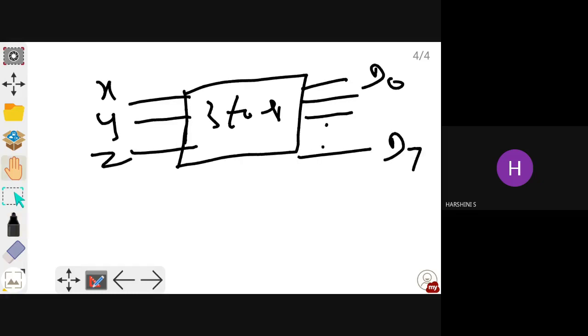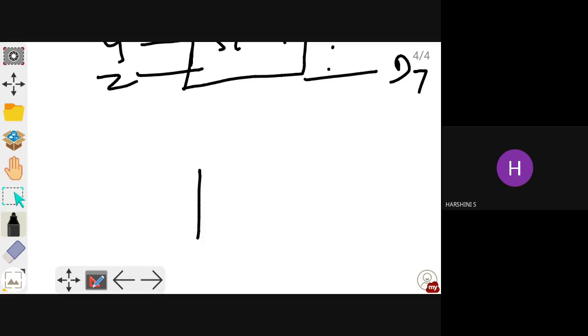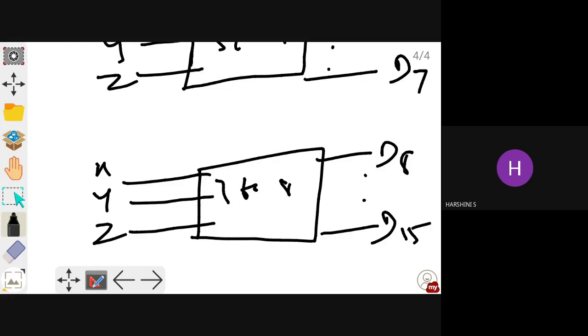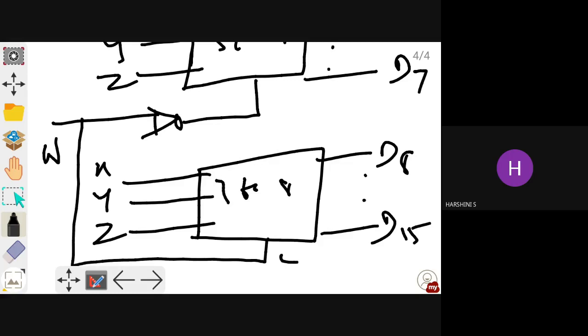Then another 3 to 8 line decoder, you have 3 inputs X Y Z, you get D8 to D15. So enable input will be W. Invert it and give it to this one first. So then you get this.